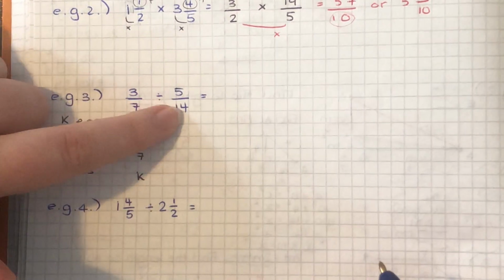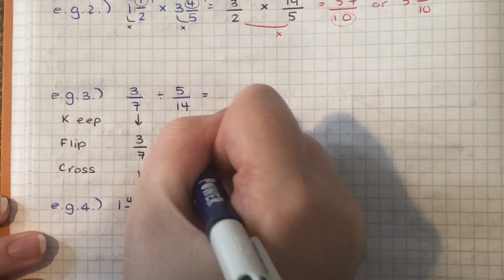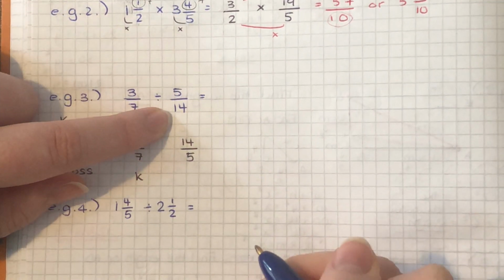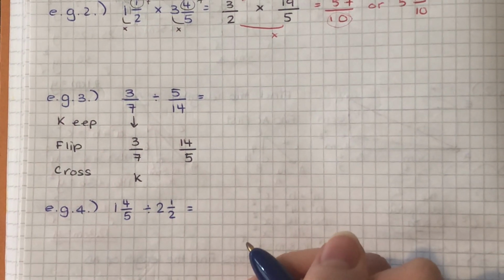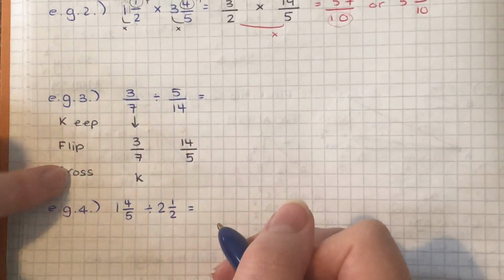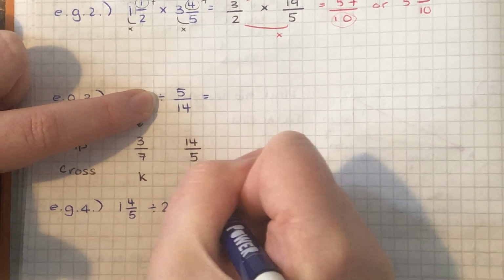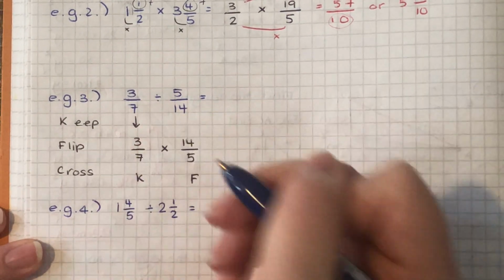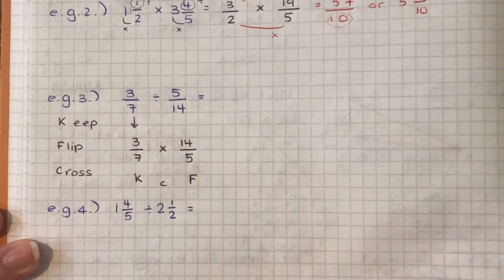The flip part is that we flip the second fraction over. So rather than being 5 over 14, it now has become 14 over 5. And then the cross: we're changing that divide sign to a multiply sign, which looks like a cross.